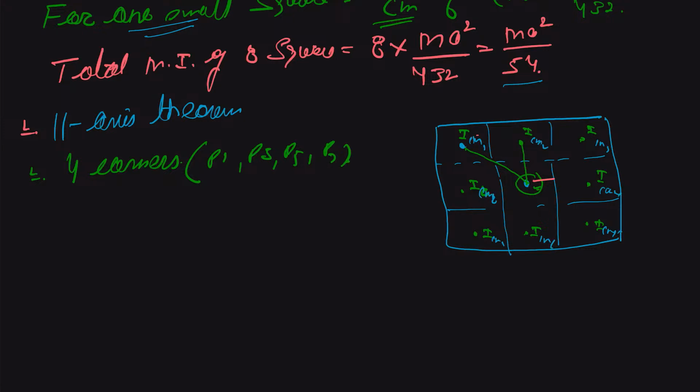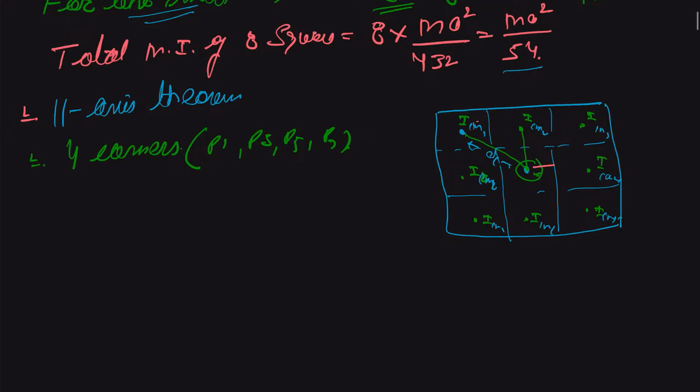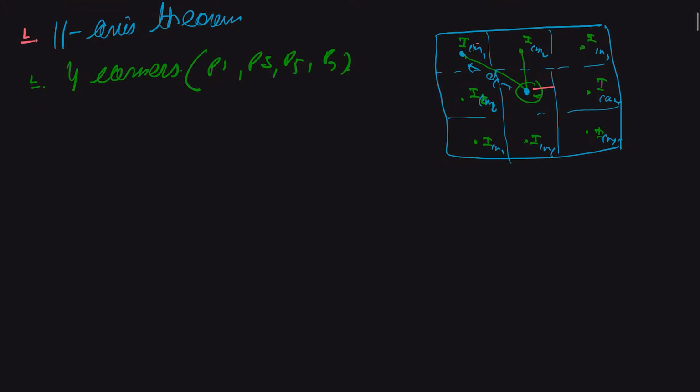These are the 4 corner squares, and we can call this distance DC. We can easily find the distance DC. For the 4 corner squares, DC square will be equal to twice a by 3 whole square, which gives us 2a square upon 9.